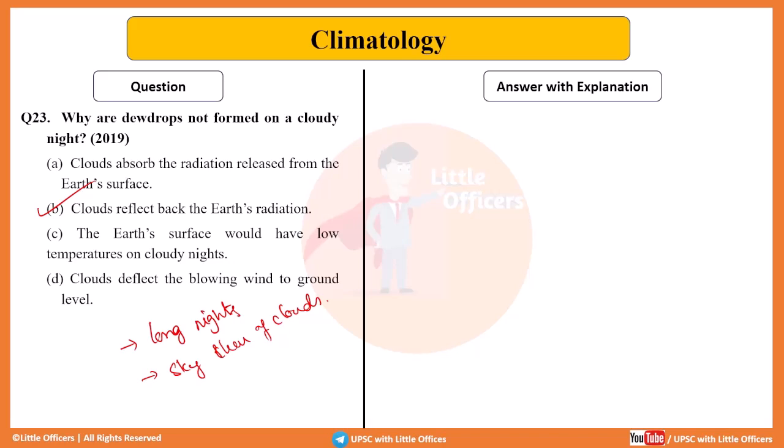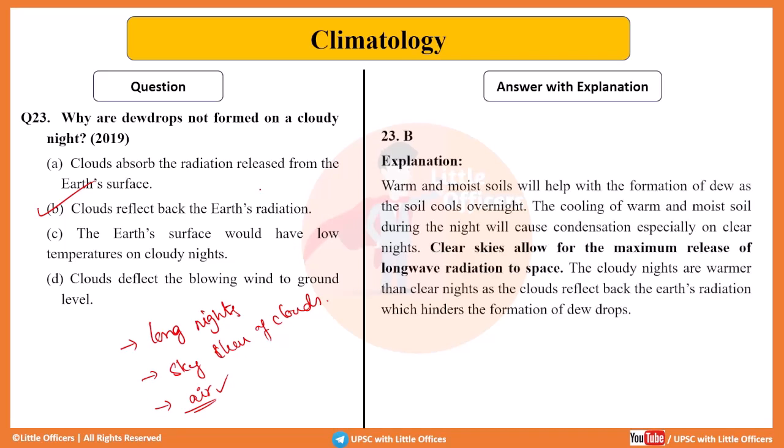But what we want is temperature inversion, you can say. So the Earth's radiation has to cool off. For that you should not have clouds. And the other condition is with respect to air movements. So calm air should be there. There should not be vertical mixing, so that the cool conditions in the lower levels or lower atmosphere can prevail. That could lead to formation of dewdrops. So the answer is B here.